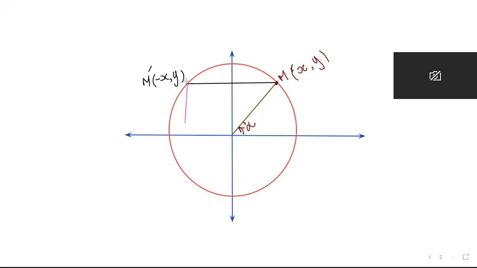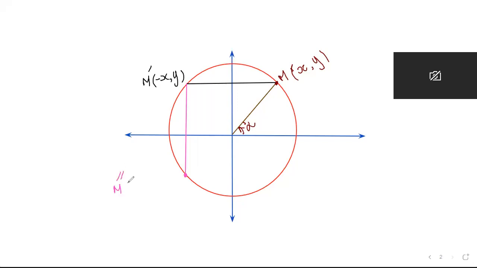I draw a line all the way down, not completely parallel, until I have an intersection with this unit circle. At this point, I stop, and I call this intersection point M double prime.